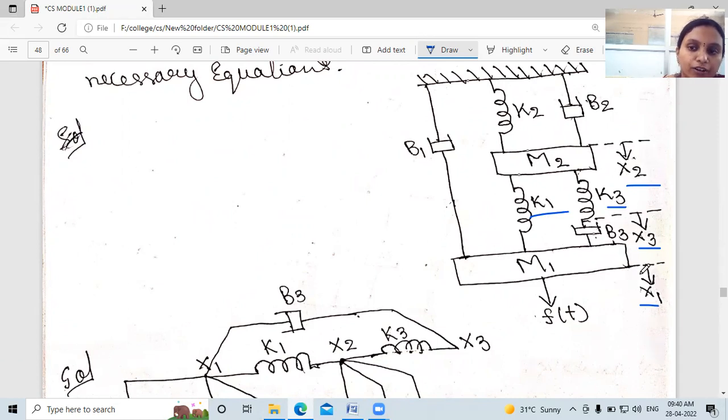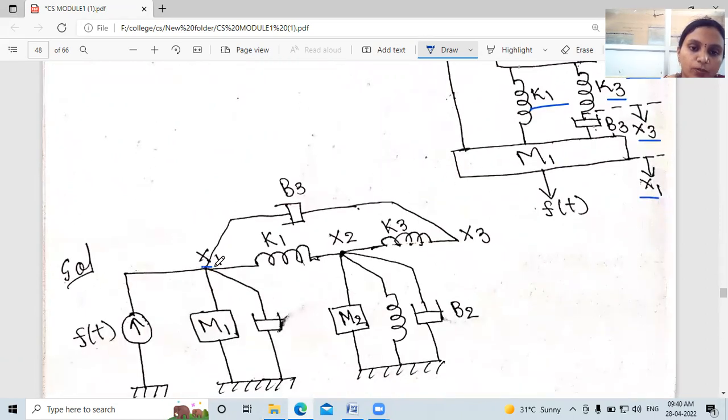For x1, there are M1, F, K1, and B1. B3 is also there, between x1 and x3. That you should remember.